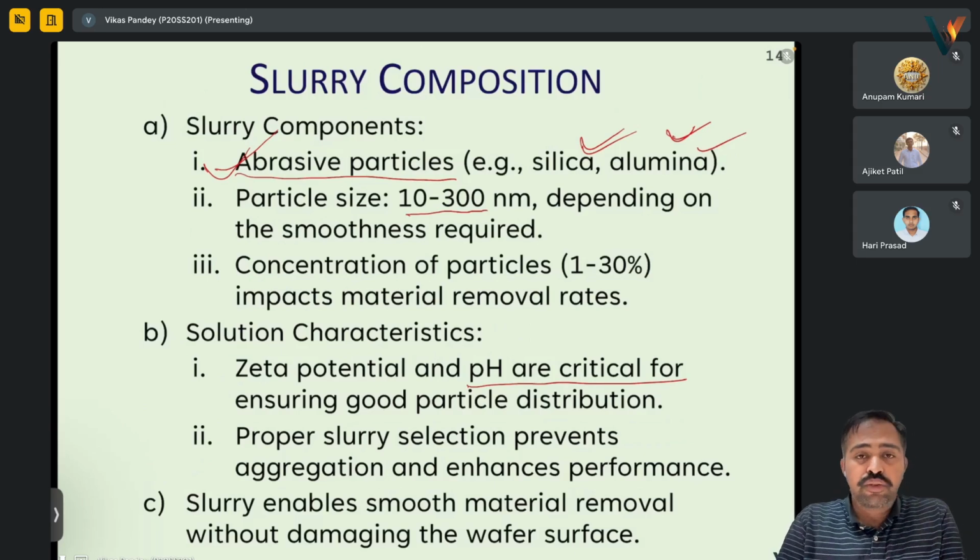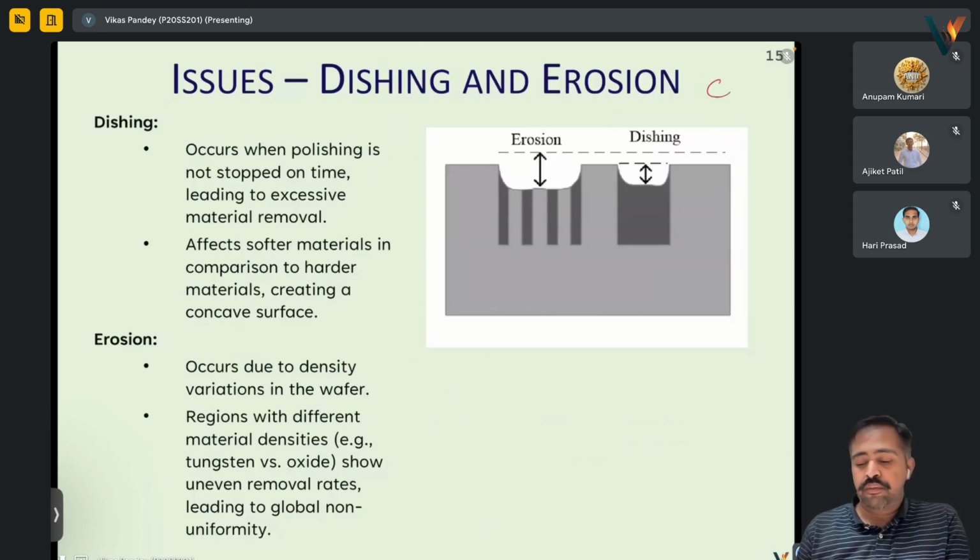So now there can be some issues when we are talking about CMP. One is dishing, that is when polishing is not stopped on time. This leads to excessive material removal.